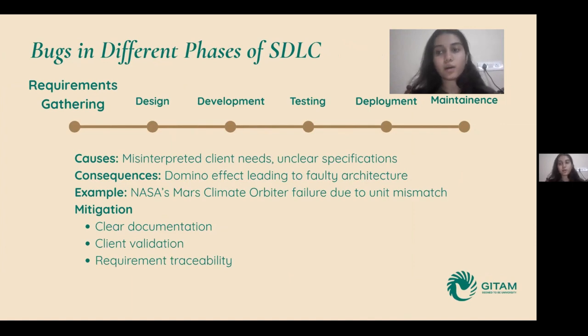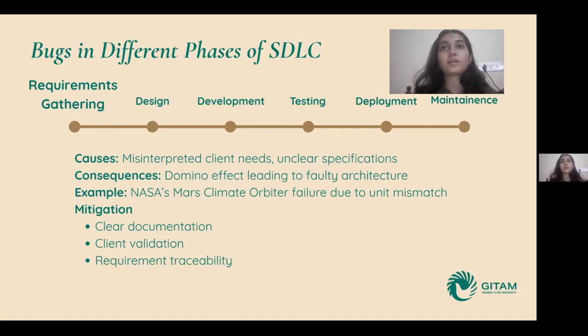One type of bug that can occur in this stage is misunderstanding what the client wants. Or even if you understand what the client wants, you don't get enough details to get it perfectly right. This ends up causing a domino effect where, since you're understanding the requirements itself wrong, you end up creating the whole code and deploying the wrong code.